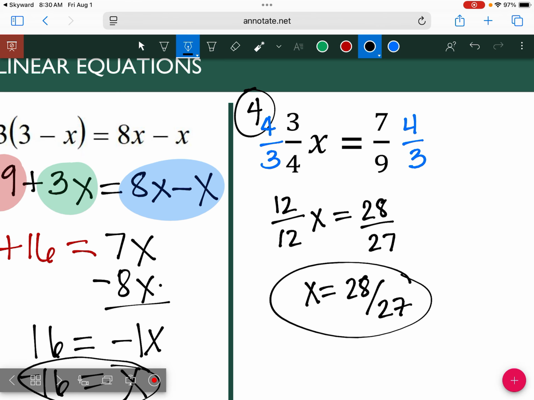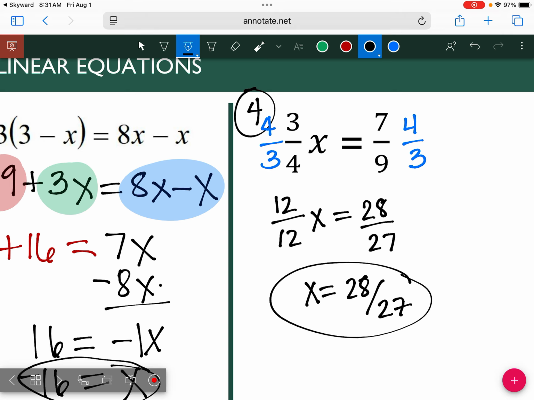Because some decimals you have to round, and if you have to round it, it's not accurate anymore. So we'll just leave it a fraction.